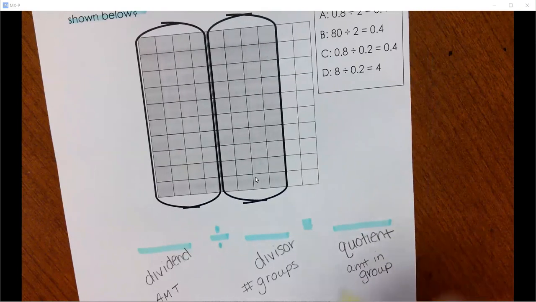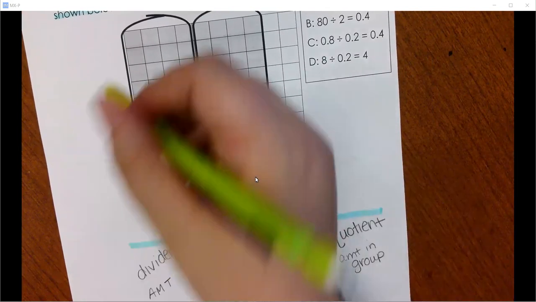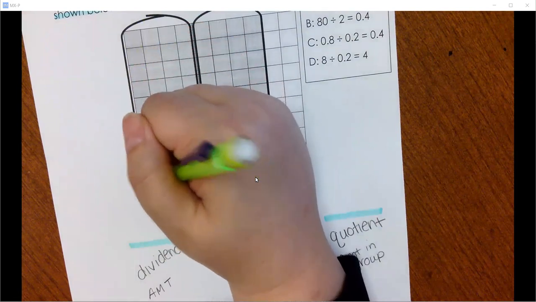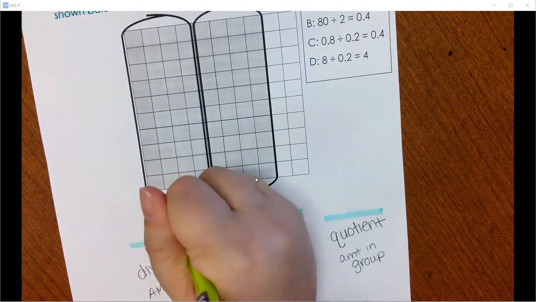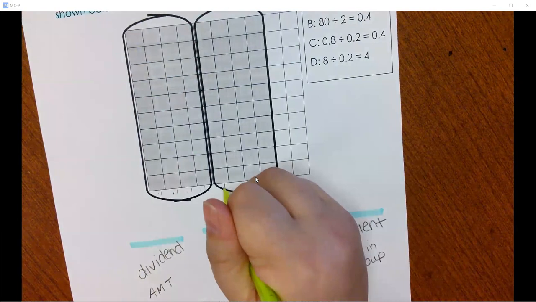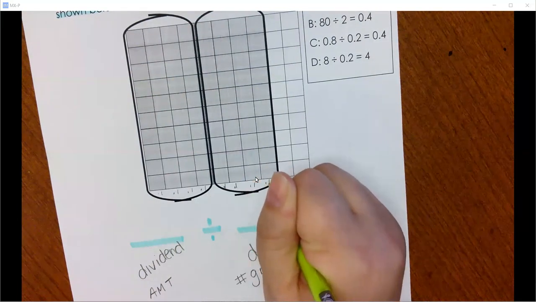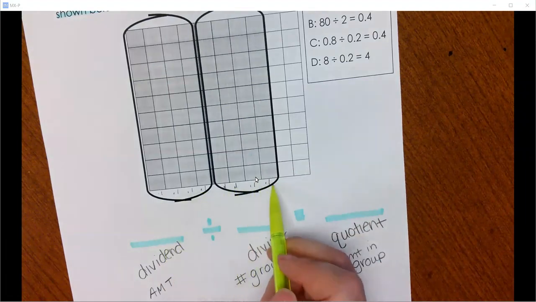Okay. So my big amount is how much is shaded. Each of these squares is 100, so each of these columns is 1/10. So I got 1/10, 1/10, 1/10, 1/10, 1/10, 1/10, 1/10, 1/10. So 1, 2, 3, 4, 5, 6, 7, 8 tenths.